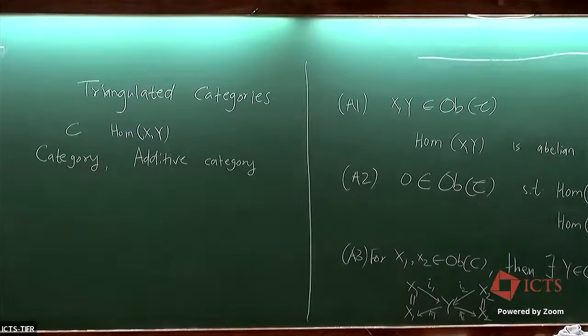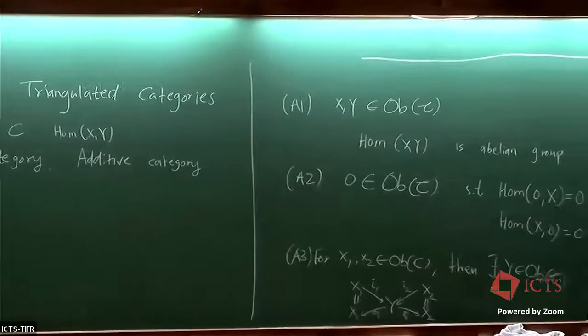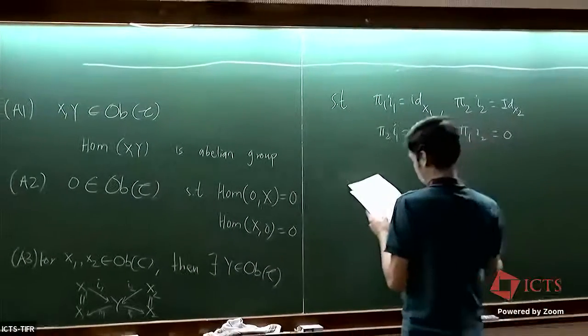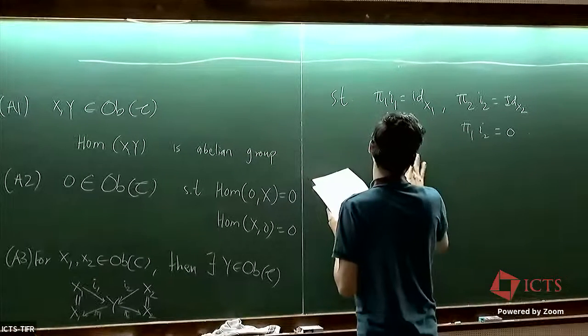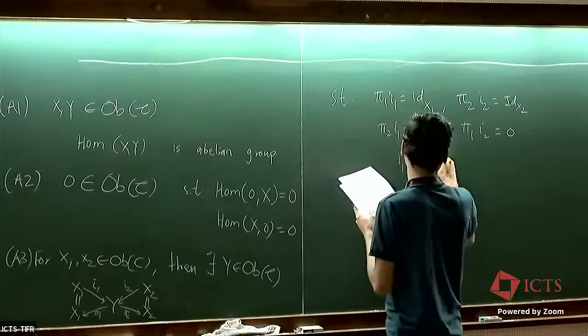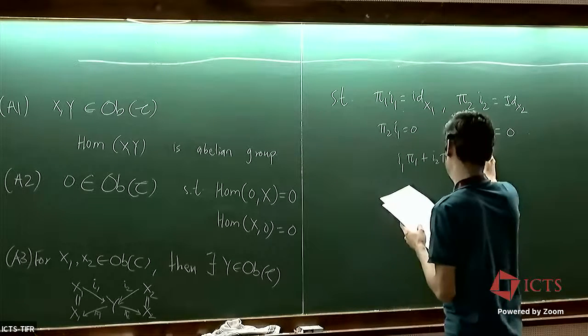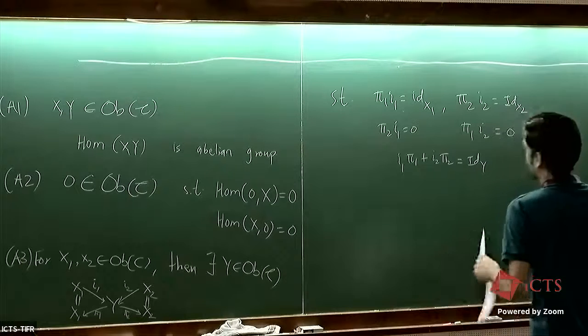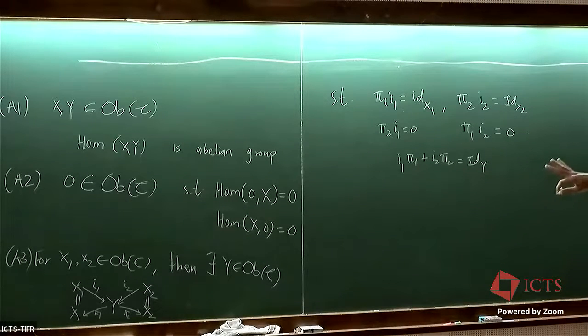More or less we are trying to formalize that here. And the same for i2 composed with pi2 is the identity on X2, and pi2 composed with i1 is 0, pi1 composed with i2 is 0, and i1 pi1 plus i2 pi2 is the identity on Y. So if the category satisfies these three axioms, then we say that such a category is an additive category.